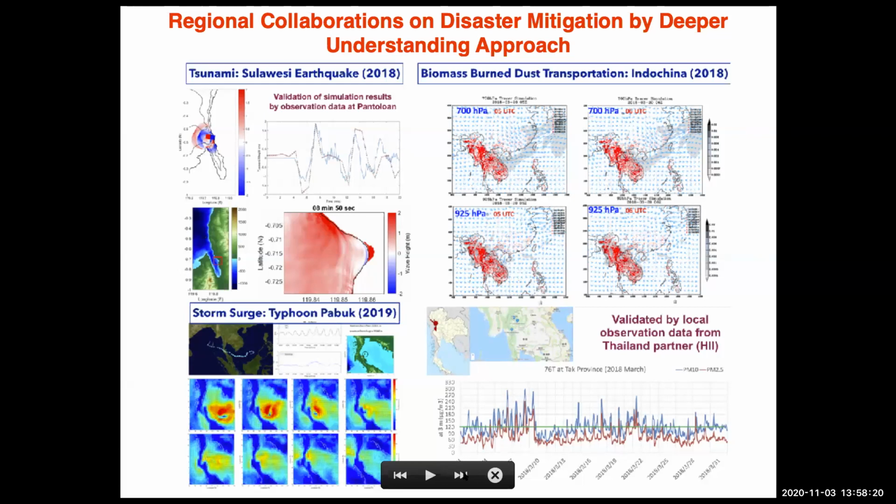The second study, on the right, is the dispersion of aerosols from biomass burning in Indochina in the springtime of 2018. The simulation captures the route and the sampled concentrations of the dust over 1,000 kilometers of long-distance transportation. This case has also been verified by data collected from ground-based gauges in Thailand.